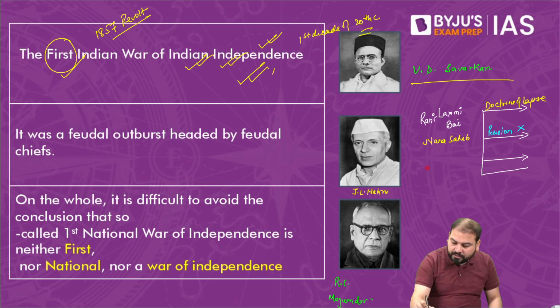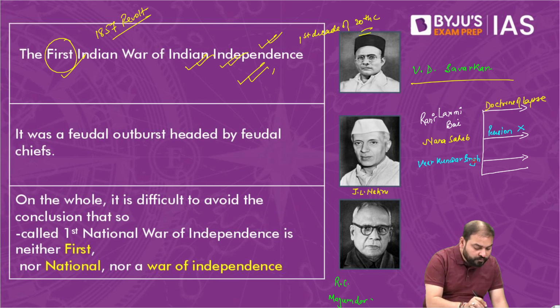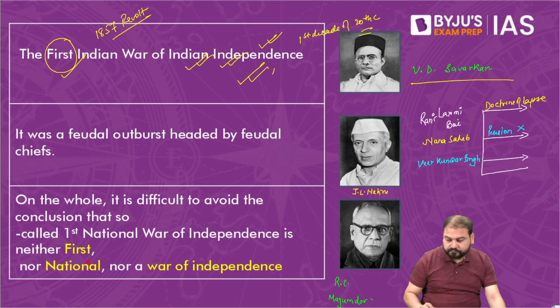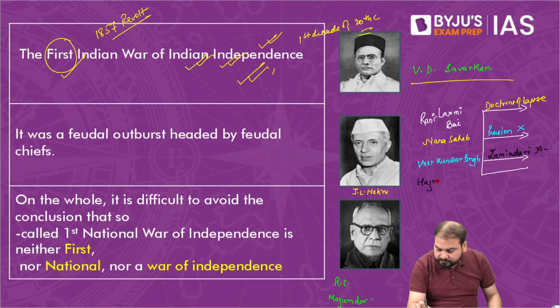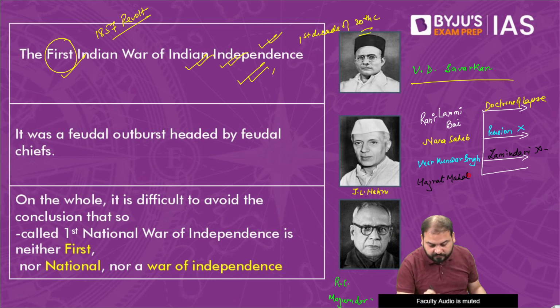Okay, guys, tell me, why was Veer Kumar Singh fighting? Because his zamindari had been taken away. Okay, all of you tell me, why was Hazrat Mahal fighting?